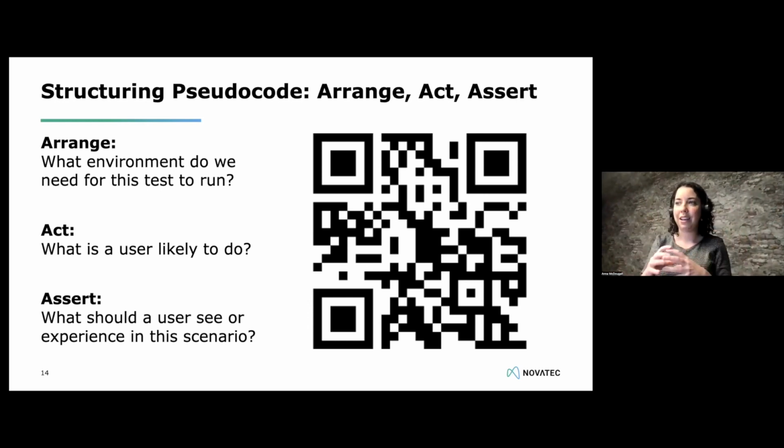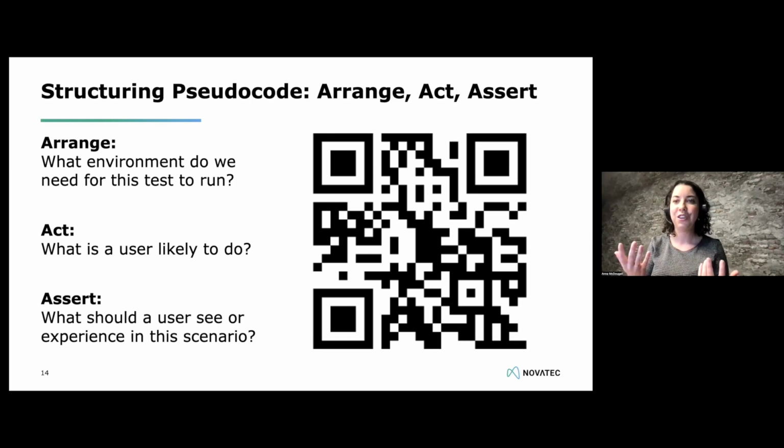Act, what is the user likely to do, or what do we want to actually test? We want to test an interaction of some sort, right? We're not just testing that a site exists. We want to actually see when someone interacts with it, what happens next. And assert, what should a user see or experience in this scenario?